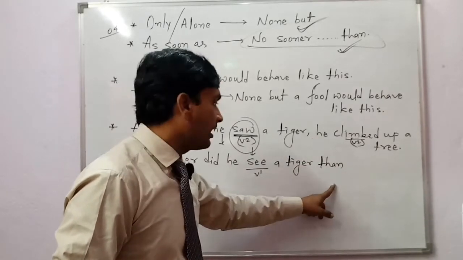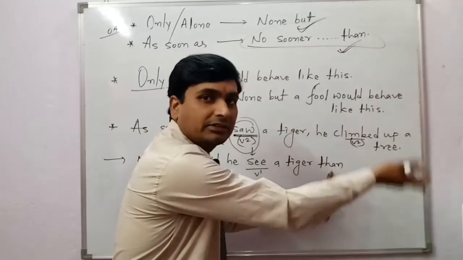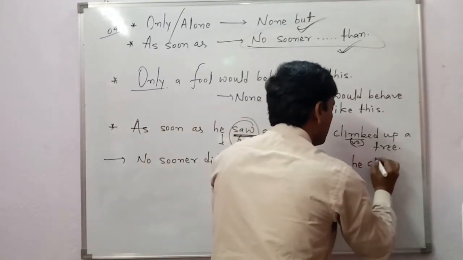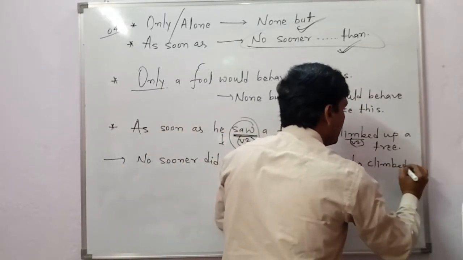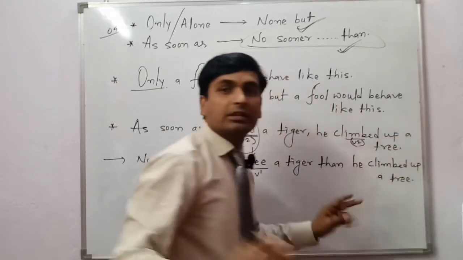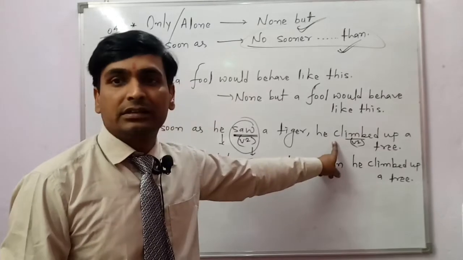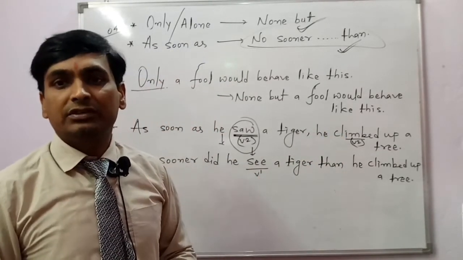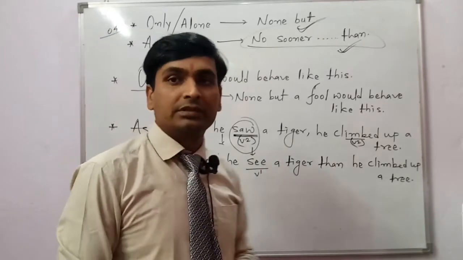At the place of comma I have done than, and then the last sentence you have to write the same. So I am writing here he climbed up a tree. There is no change in the second sentence, right? The very same as it is. Clear, students? I hope you have got it.